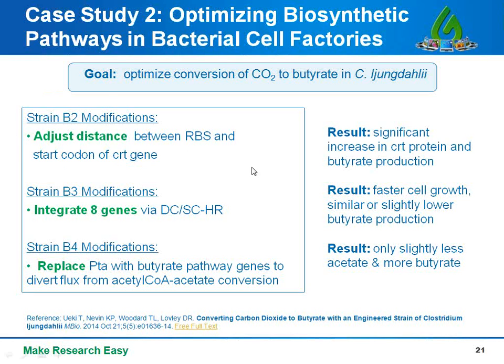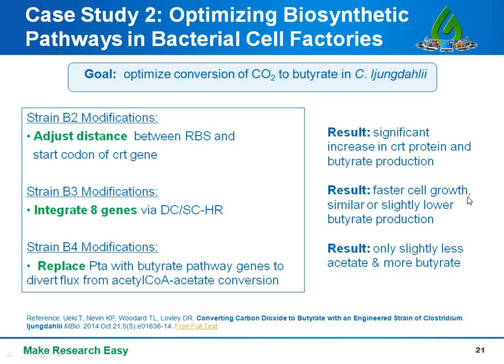With the first change, they observed a significant increase in CRT protein and a significant increase in butyrate production, the end product of their metabolic pathway. So that was great, even though this seems like a very small change that they introduced. For strain B3, they did observe faster cell growth.